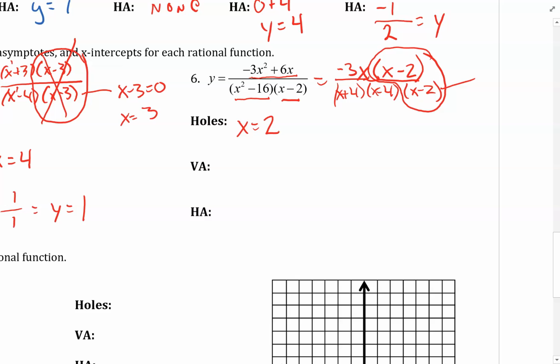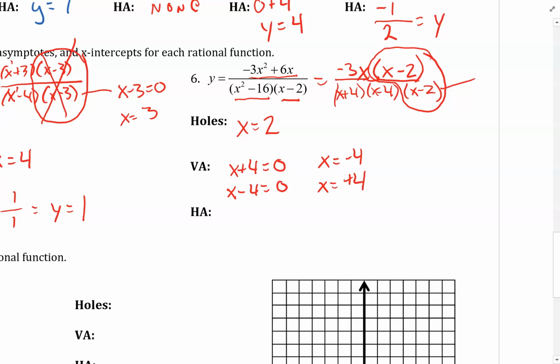Now we're going to look at our vertical asymptote, where we set our denominator equal to 0. Well, we have two options here. We can set x plus 4 equal to 0, and we can set x minus 4 equal to 0. Therefore, we have two vertical asymptotes, one at x equals -4, and a second at x equals +4.